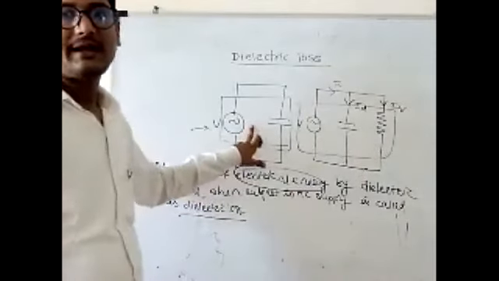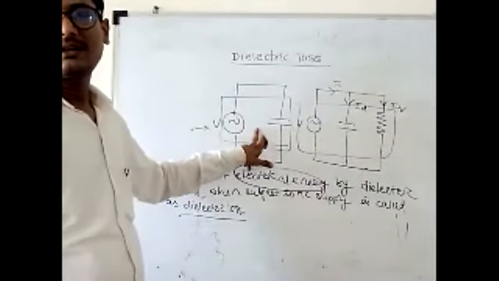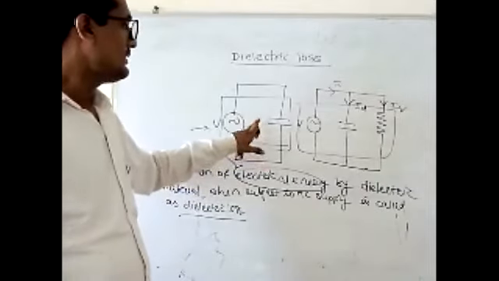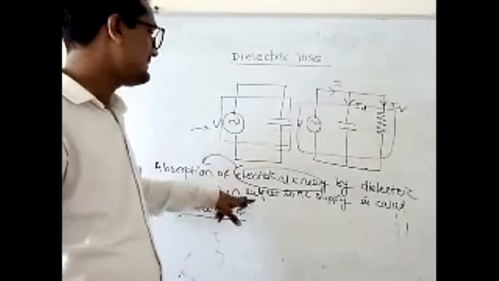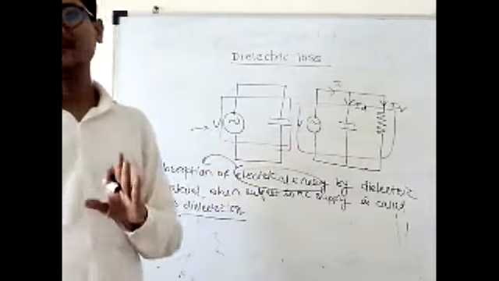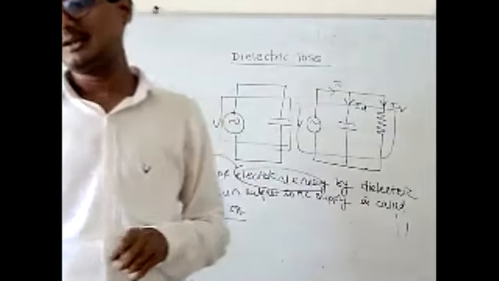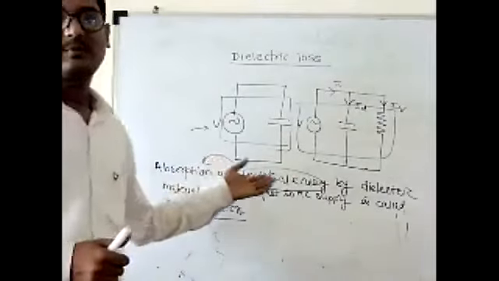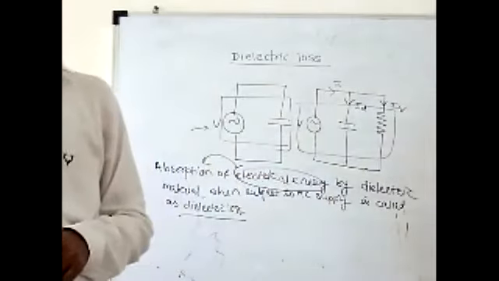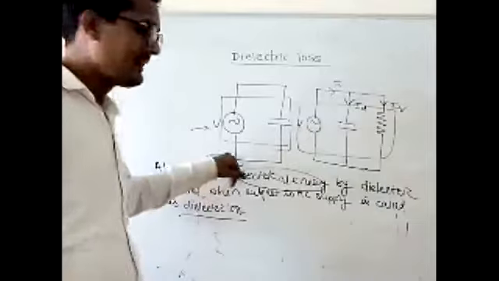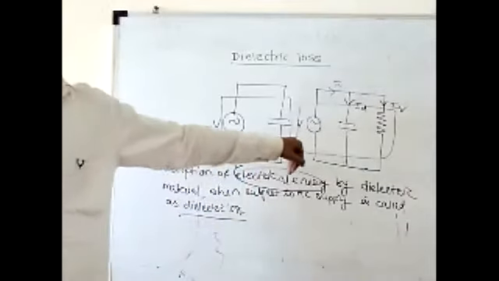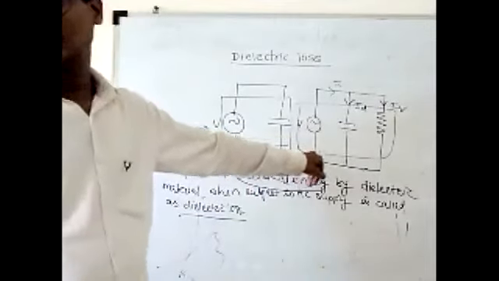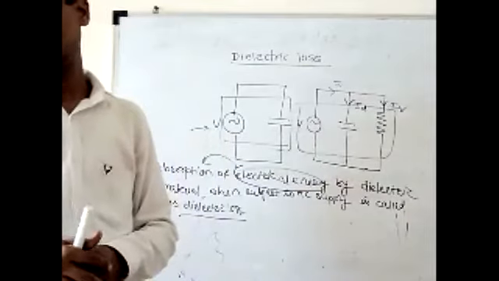But in case of ideal, there is no internal resistance present, so no energy is absorbed by the dielectric material. This is a lossy dielectric and this is the equivalent circuit of the lossy dielectric.